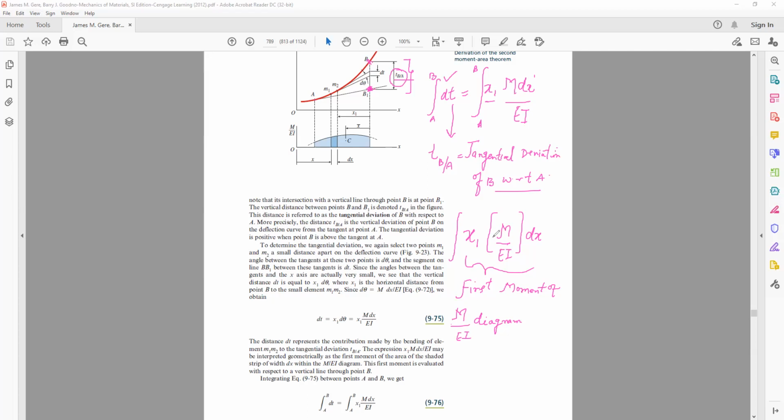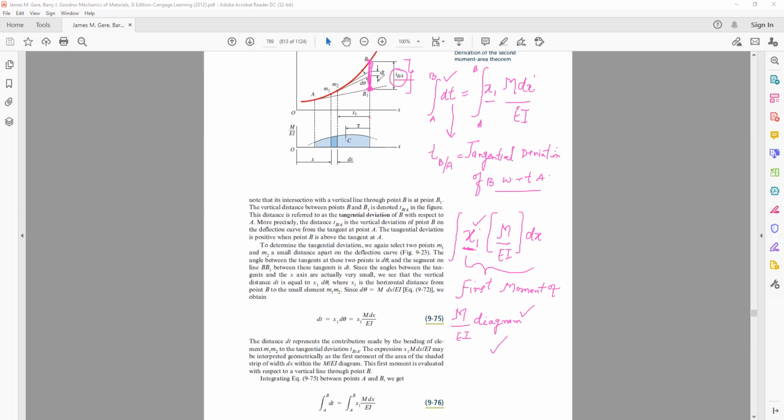And this first moment we are calculating by taking this x1. x1 is the distance from the point where you are drawing the vertical line, where you are calculating the tangential deviation. That point is the axis about which this first moment of the M by EI diagram is calculated. This is a very, very important point for us.